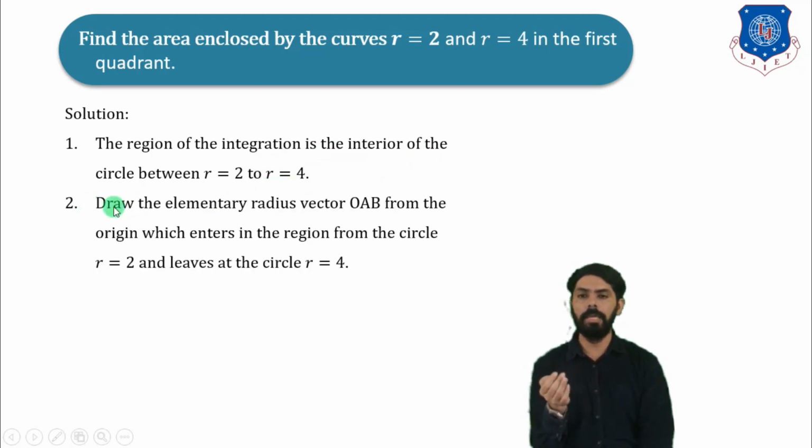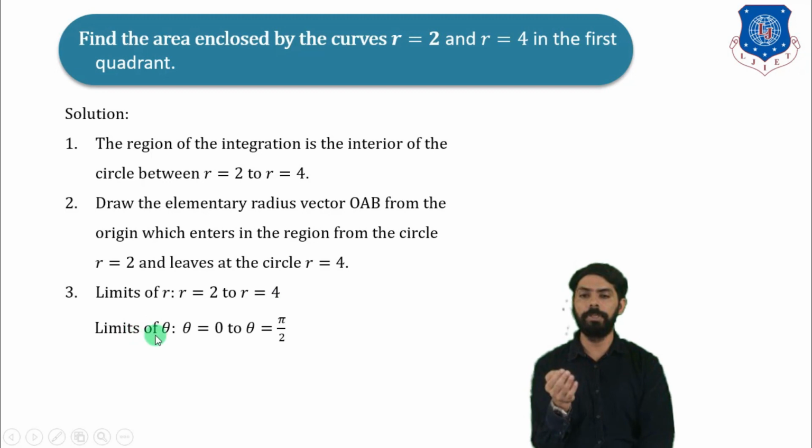So here we will draw the elementary radius vector OAB from the origin, which enters in the region from the circle r equal to 2 and leaves at the circle r equal to 4. Therefore, limits of r will be from r equal to 2 to r equal to 4, and limits of theta will be from theta equal to 0 to theta equal to pi by 2.